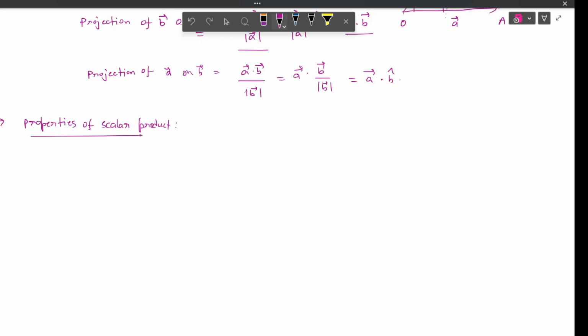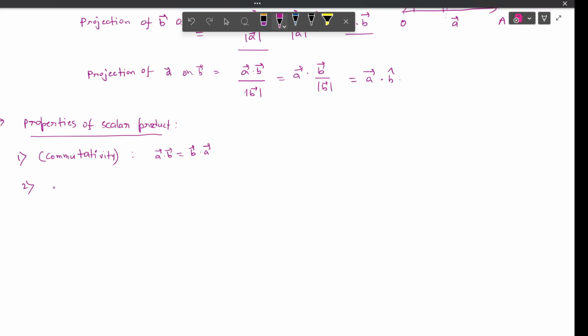If we see the properties, property number 1 is commutativity. The dot product obeys the commutative law, that is A dot B is equal to B dot A.